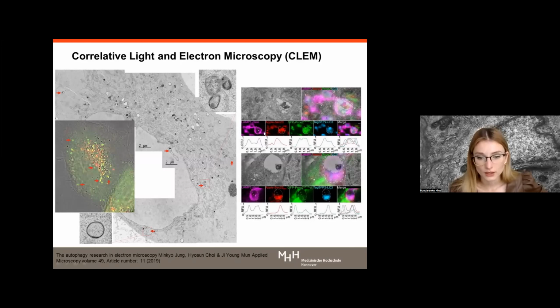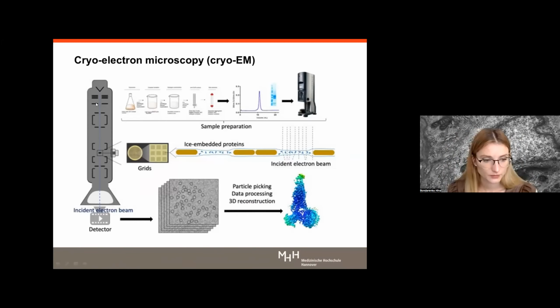At the same time, you can use fluorochromes to highlight different antigens in the area of your interest, and correlate these structures with electron microscopy on the ultrastructural level. So this is a very powerful and useful tool for better analysis of morphological structures.